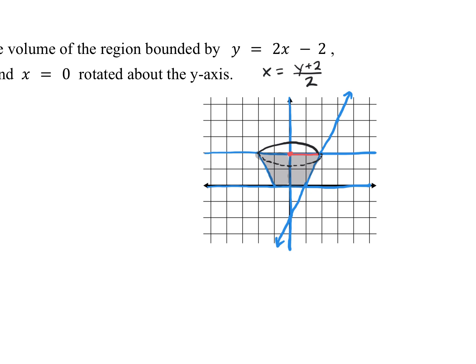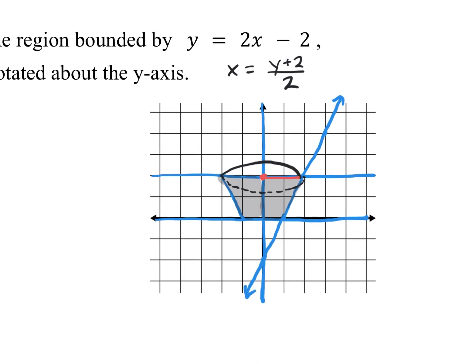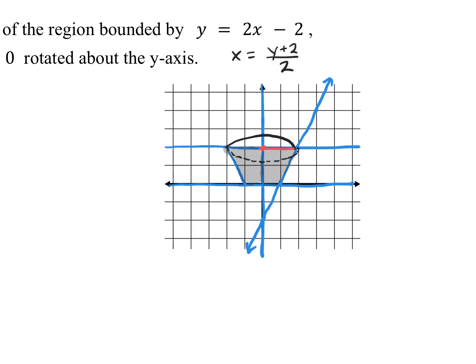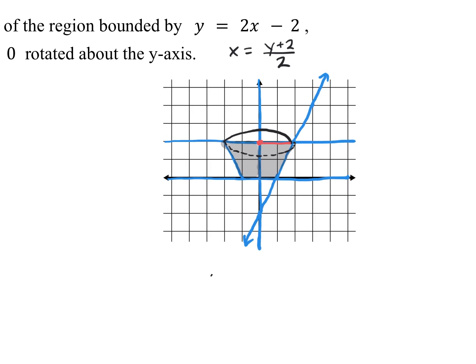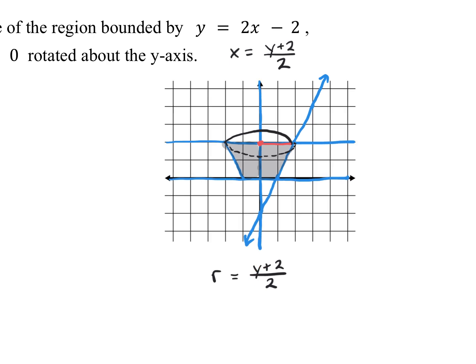I can see that my radius is going to be the horizontal distance between my linear function and my y-axis. So in this case, our radius is simply y plus 2 all over 2, which is that horizontal distance from our linear function to our y-axis at any given height. This time it's in terms of y.